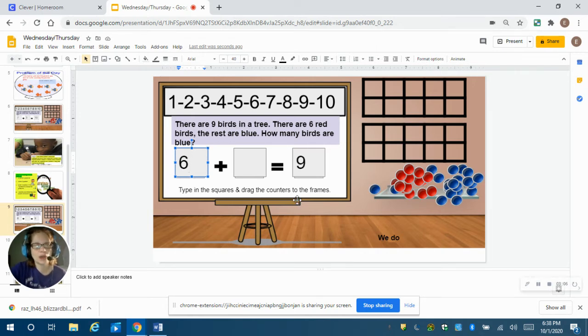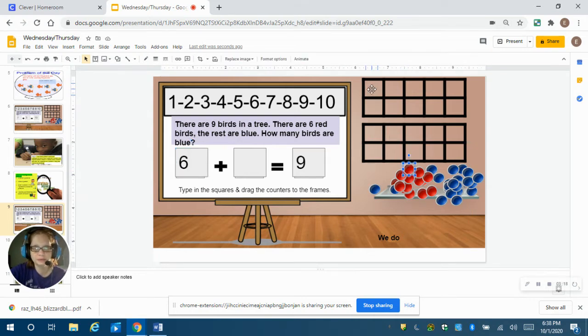So here I go. I'm going to create a picture using the 10 frames that I have and the counters. So I know for sure that I know 6. 6 are red. I have 1, 2, 3, 4, 5, 6.